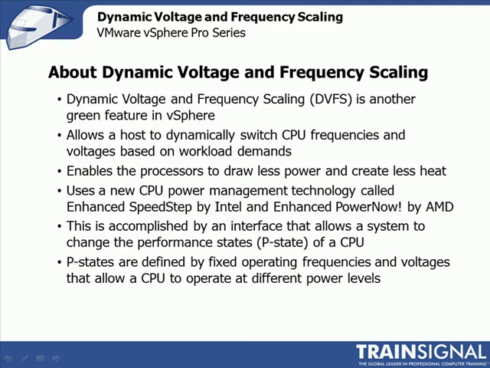These technologies enable a server to dynamically switch CPU frequencies and voltages based on workload demands, which enables the processors to draw less power and create less heat, which also allows the fans to spin slower.